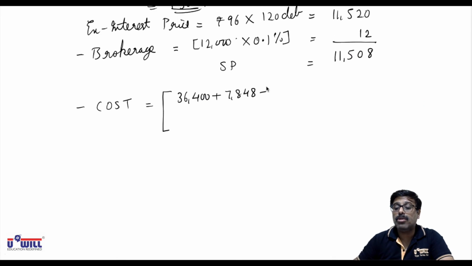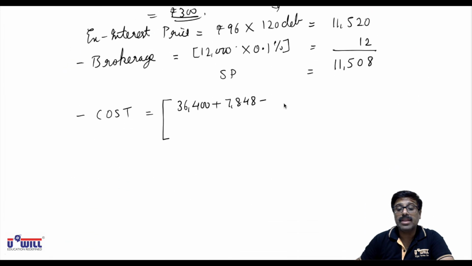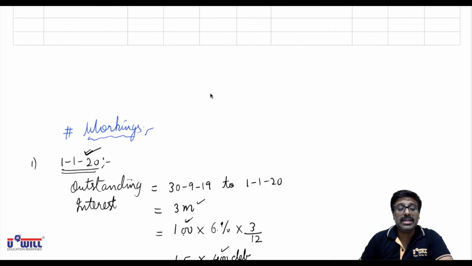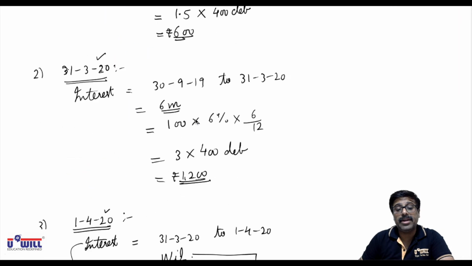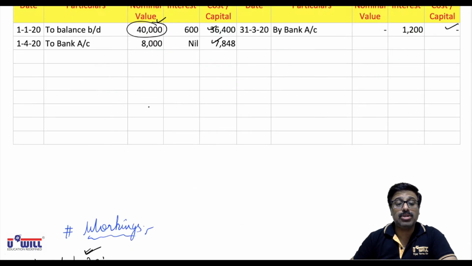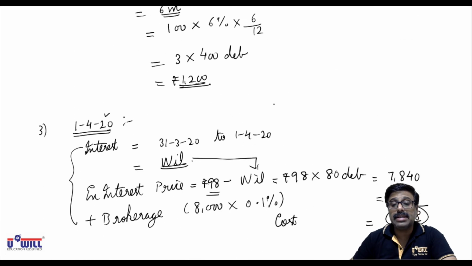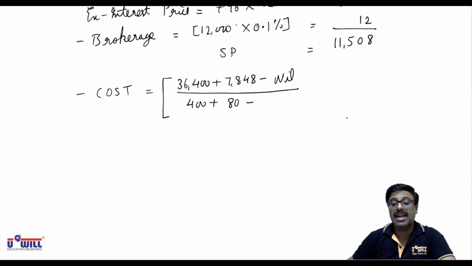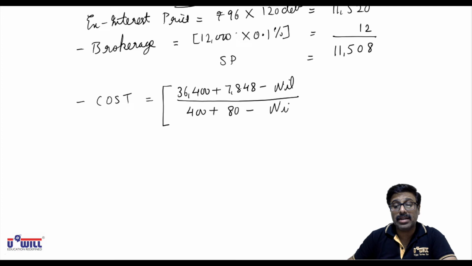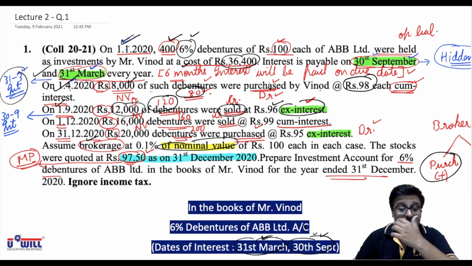Do we have any amount in the capital column on the credit side? No, so nil. Upon number of securities on the debit side: 40,000 means 40,000 divided by 100, 400, plus this 8,000 divided by 100, 80 debentures on the debit side, minus the credit side. We have no nominal value, meaning no debentures are sold so far, so nil, multiplied by the number of debentures sold.